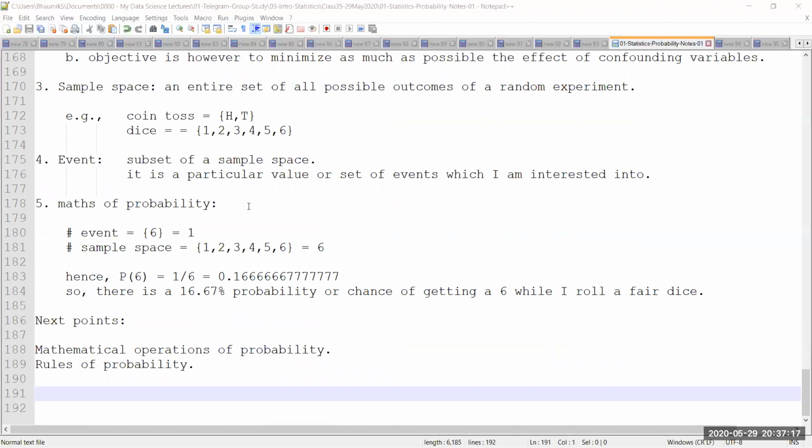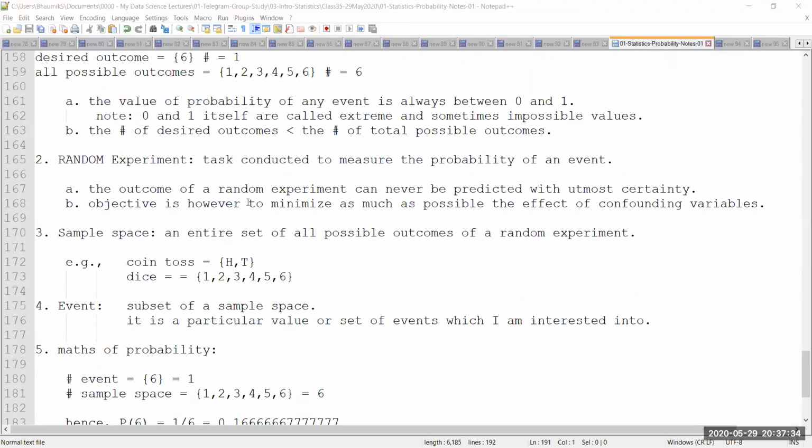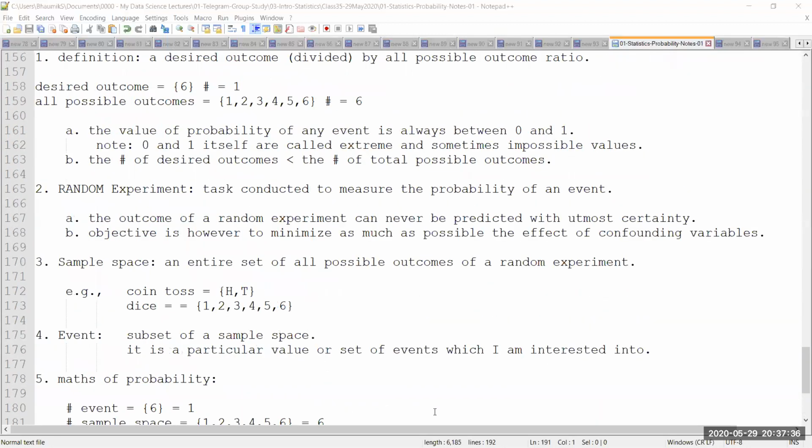Okay. Now we will look into some of the rules of, let's say, probability, and we are also going to look into some mathematical operations which are possible in case of probability. But before we do that, there are a few things that I would like to specifically mention to you before we go ahead.